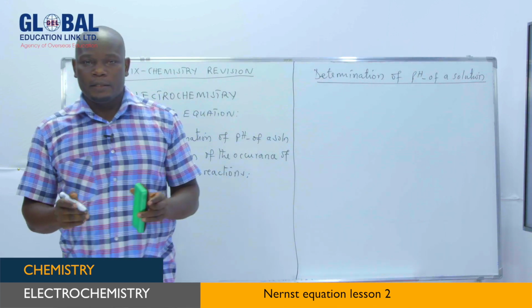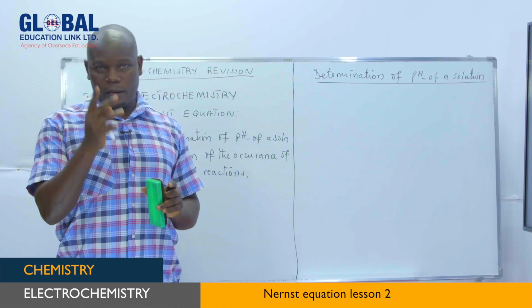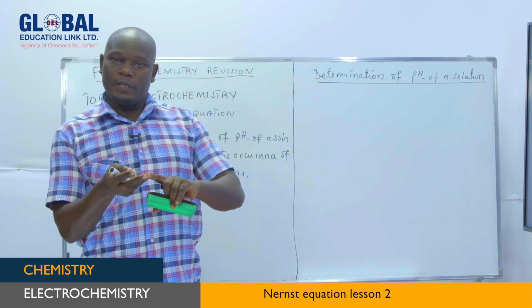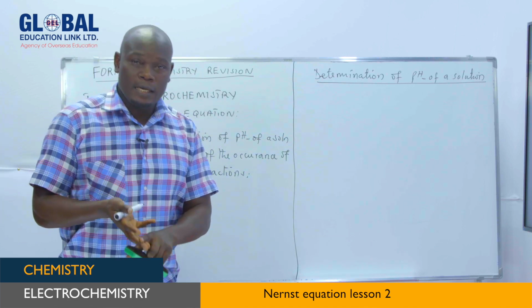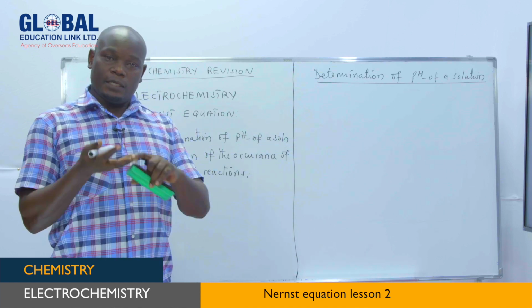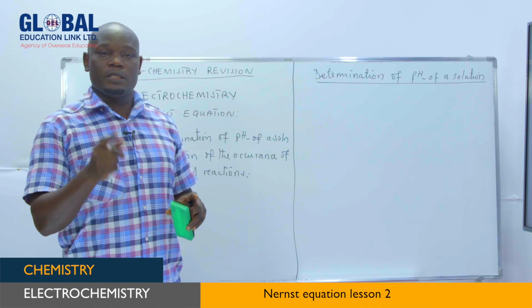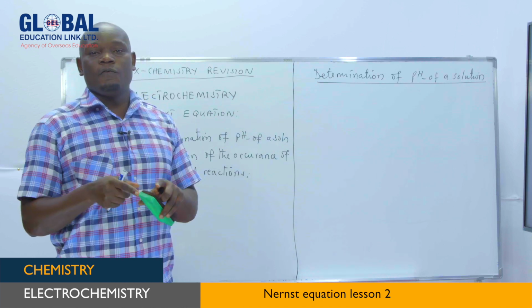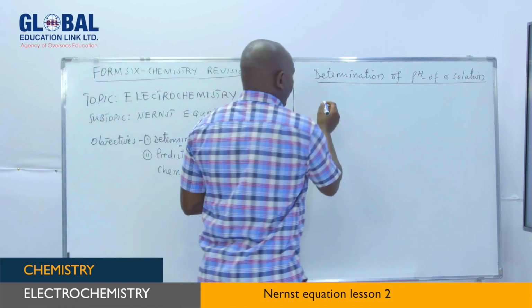Normally, in determining the pH of a solution, you must have two electrodes. One of the electrodes must be the hydrogen electrode, and the second electrode is known as the standard electrode, which is the one with a known EMF. So, requirements here.